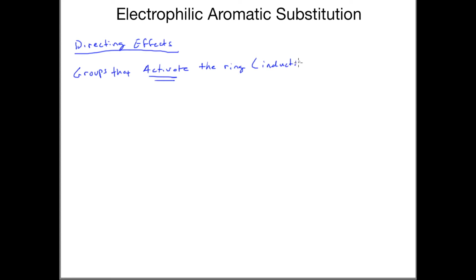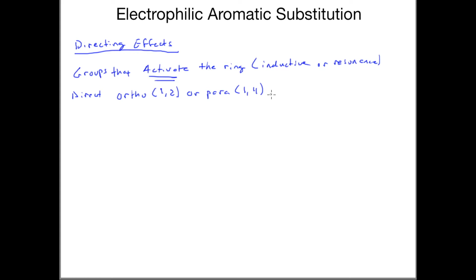So groups that activate the ring, either inductively or through resonance, will direct the other substituents that you're adding to the ortho and/or para position. So remember, ortho is the number 2 position from the initial substrate, para would be the number 4 position, right?